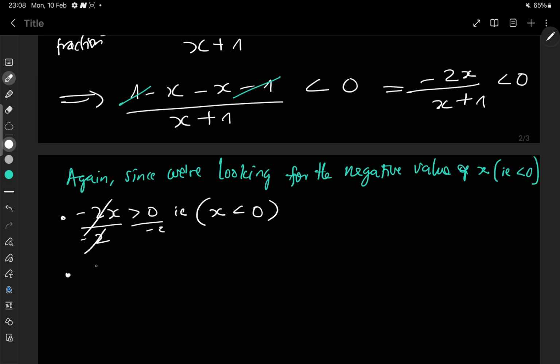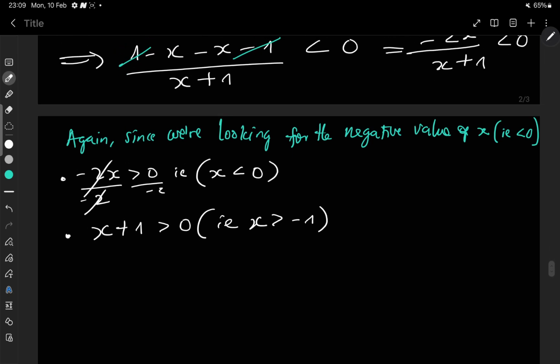Then for the denominator, x plus 1 greater than 0, that is going to be x greater than minus 1.